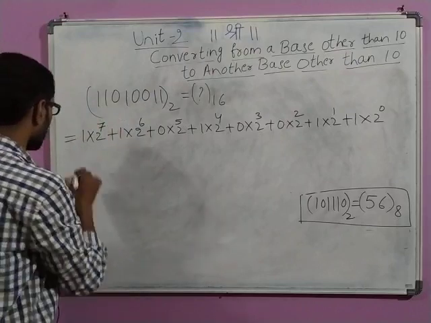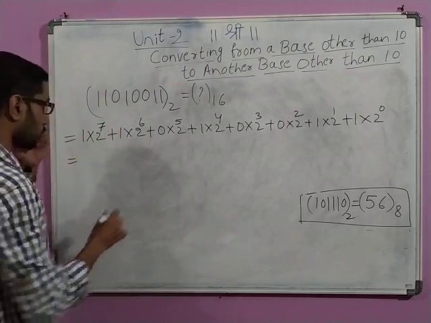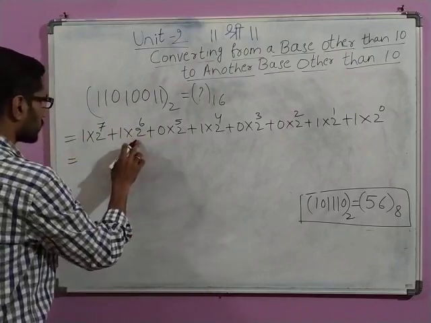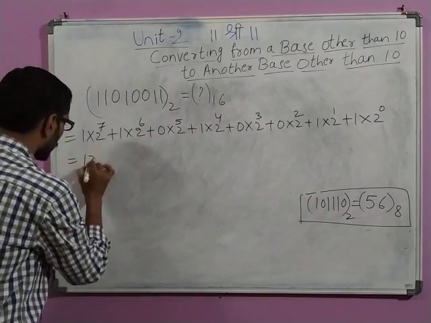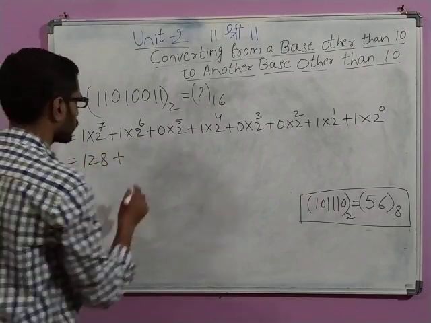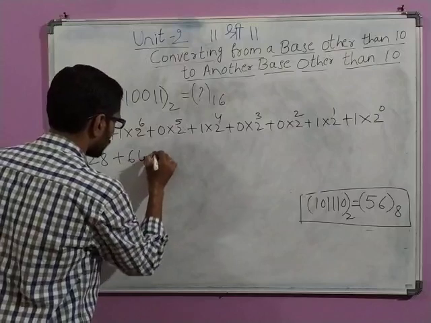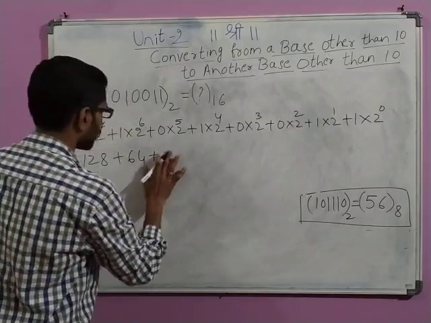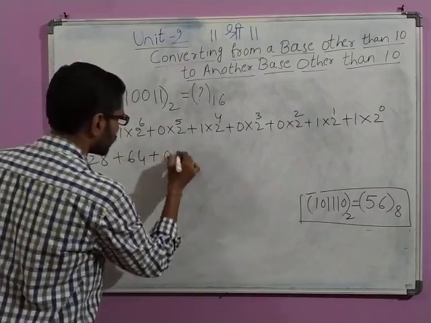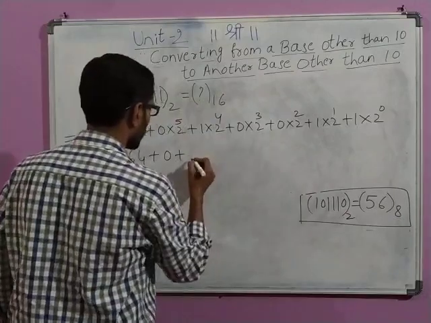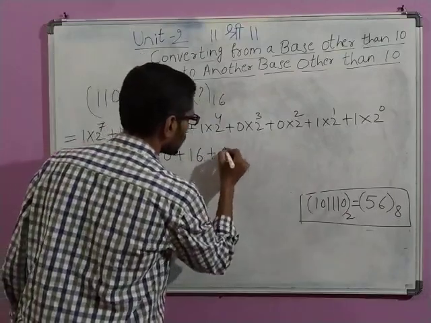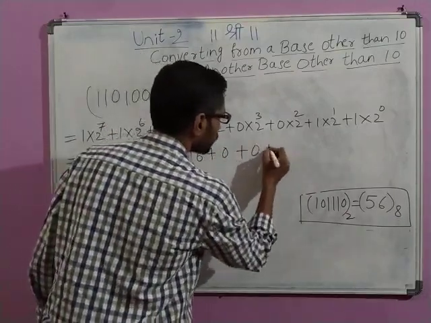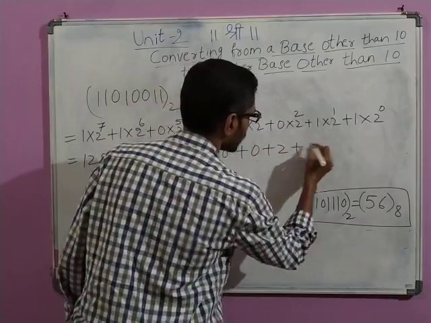So 2 raised to 7. What will be 2 raised to 7? 2 raised to 5 was 32, so this will be 64, and this will be 128. 128 plus 2 raised to 6 is 64, plus 0, plus 2 raised to 4 is 16, plus 0 plus 0 plus 2 plus 1.